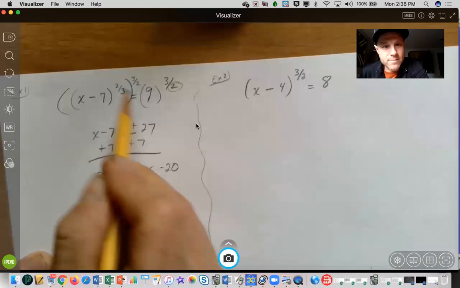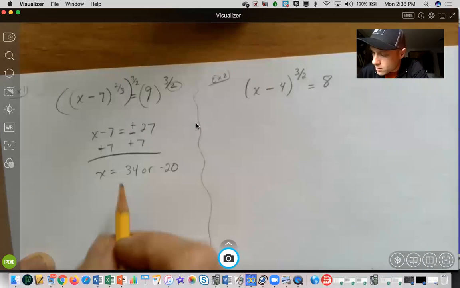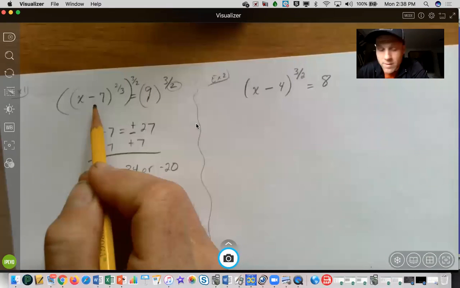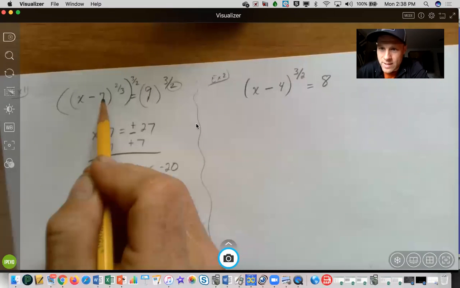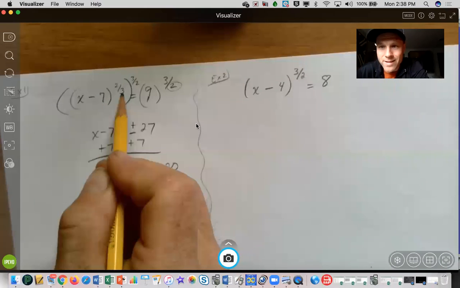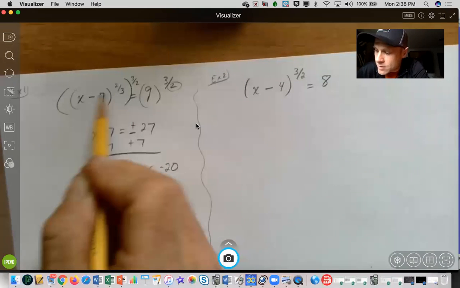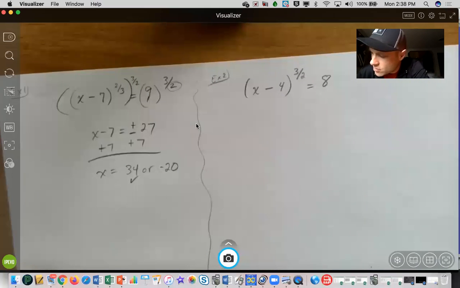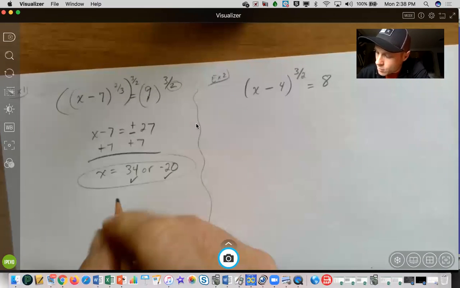Squared would be 9. So 34 works. If I do negative 20, negative 20 minus 7 is negative 27. The cube root of that is negative 3. But then I got to square it, because of the extra power, which would make it a positive 9 again. So they both work.